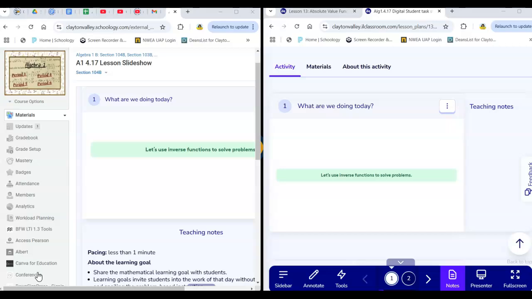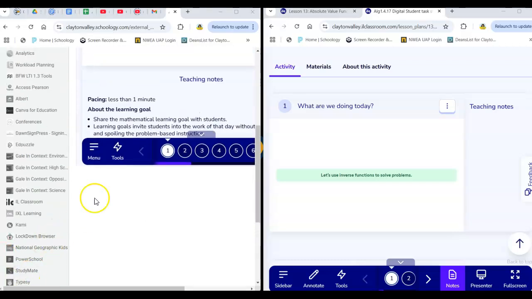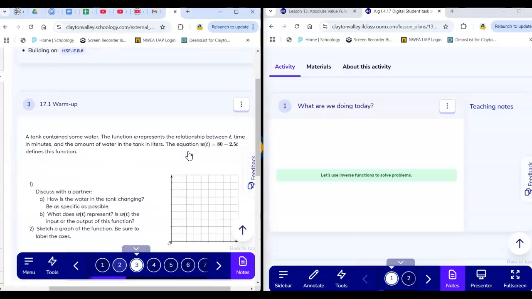And so now we're going to use the idea that we can find the inverse of certain functions to answer different questions. Okay? So, with that being said, let's go to our warm-up.